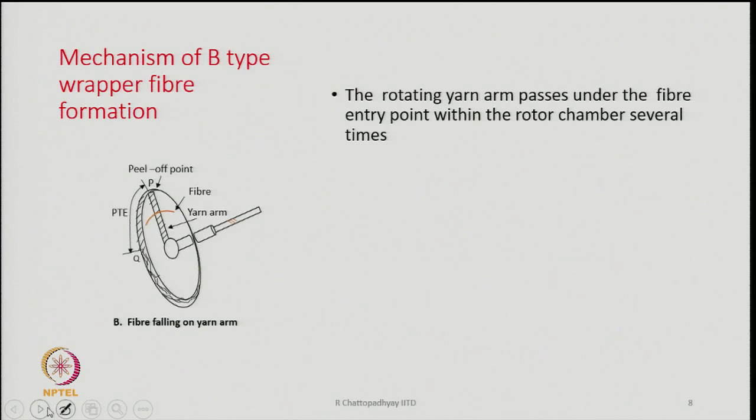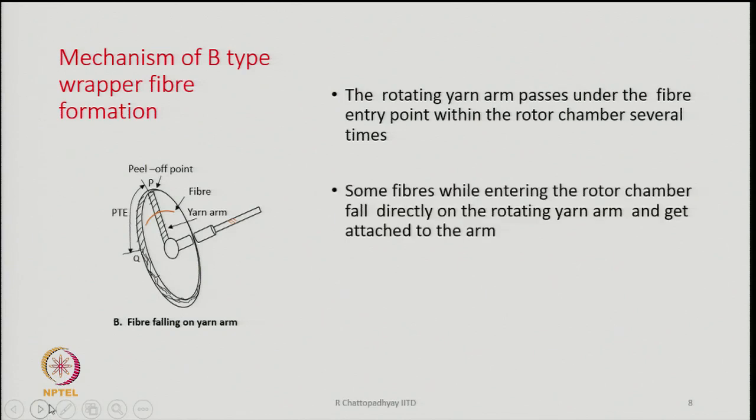Now, what happens when the fibers are entering the rotor chamber is that within the rotor the yarn arm is also rotating at a very high speed. So, the rotor is rotating, and the yarn arm is also rotating. So, it may so happen that some fibers while entering the rotor chamber fall directly on the yarn arm. This is the fiber which is shown here, and it may directly land on it.